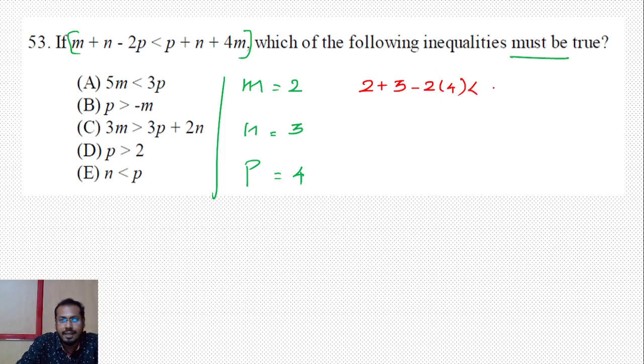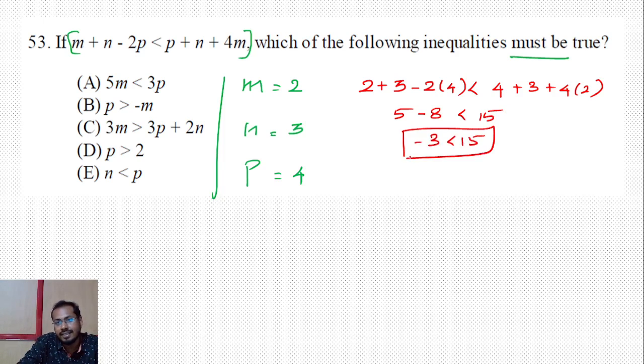That is less than p is 4 plus n is 3 plus 4 times m. Now just solve this. 2 times 4 is 8, negative 8. Here it was 5, negative 3. That is less than 8 plus 7, 15. Right? Negative 3 is less than positive 15. Their statement is right. So now I can bravely take these numbers and check with the options.